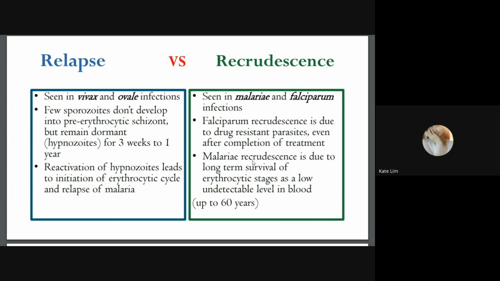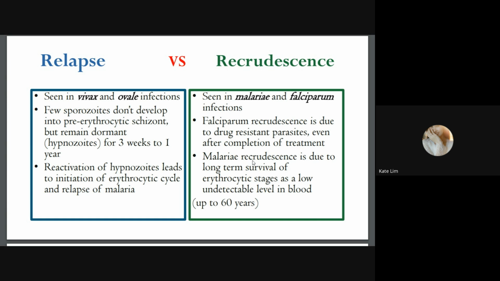So if you remember, a few sporozoites fail to develop, specifically the bradyzoites fail to develop into pre-erythrocytic schizonts and trophozoites, and instead remain dormant in the liver as hypnozoites.